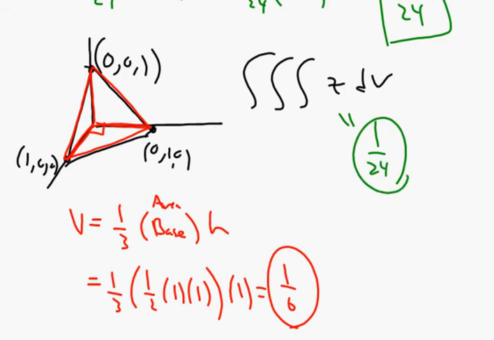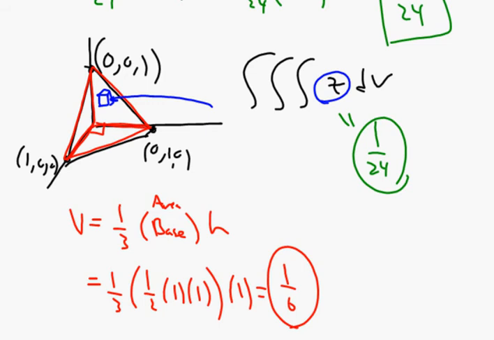And that's sort of an interesting question. Like, well, why did that happen, right? Well, this triple integral, what it did was, for every cube partition inside of this solid, it evaluated what the z-coordinate was inside that little box, right?